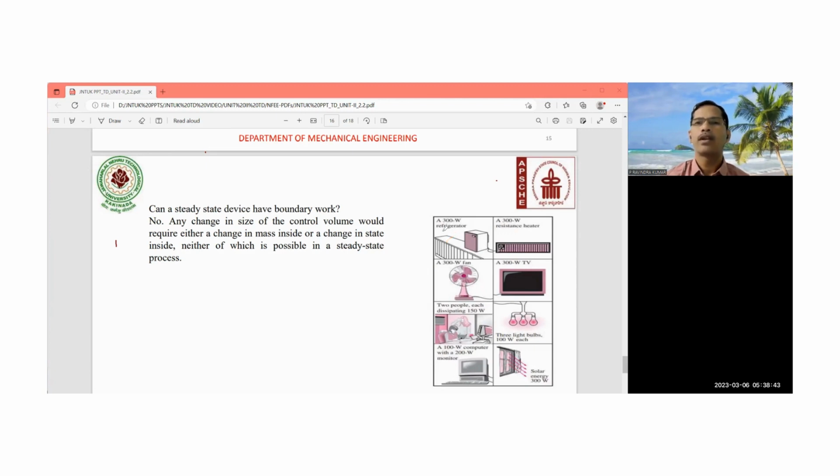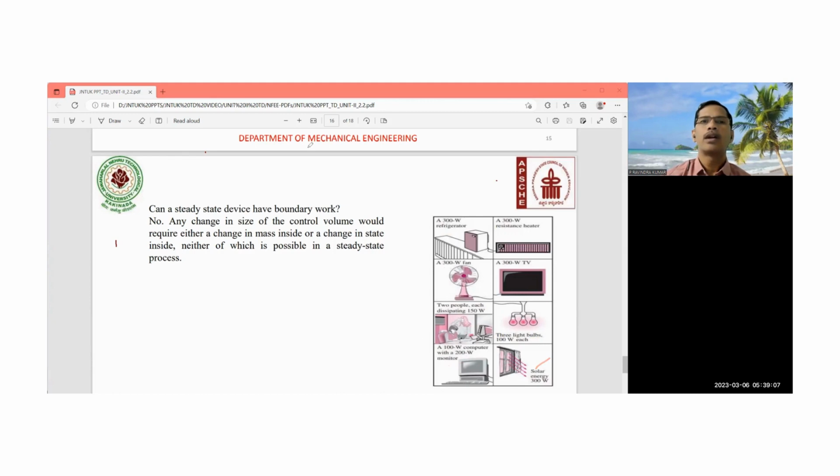A 300 watt refrigerator, equivalent to a 300 watt resistance heater, 300 watt fan, and 300 watt TV. Two people dissipating 150 watts each, three light bulbs of 100 watts each, and a 100 watt computer with a 200 watt monitor, solar energy.